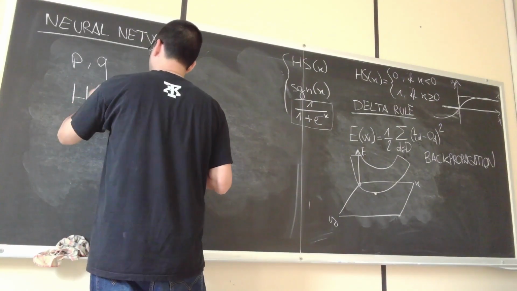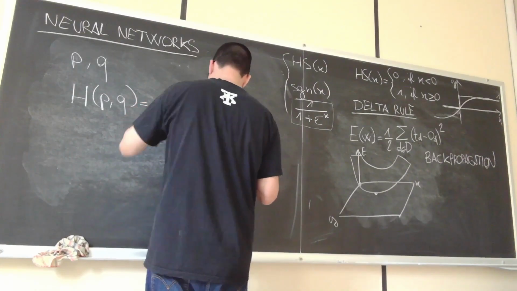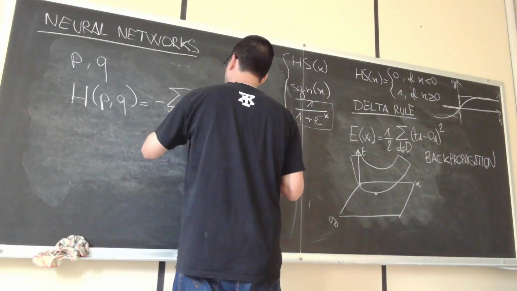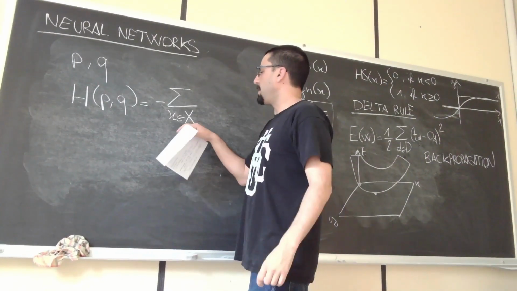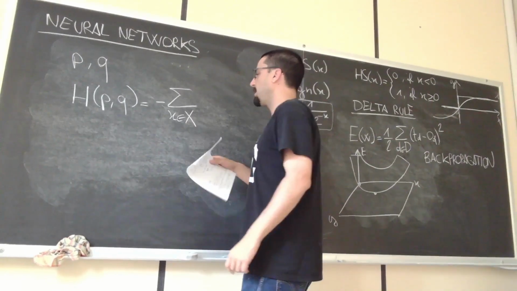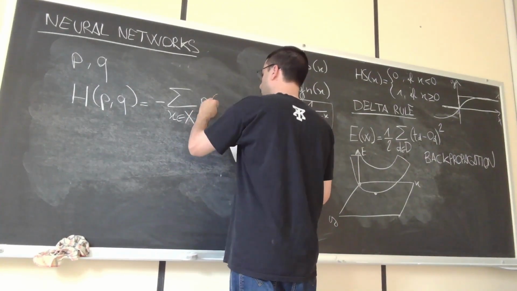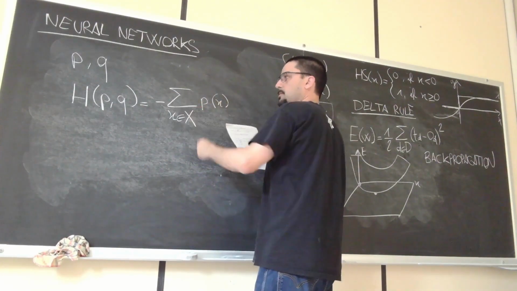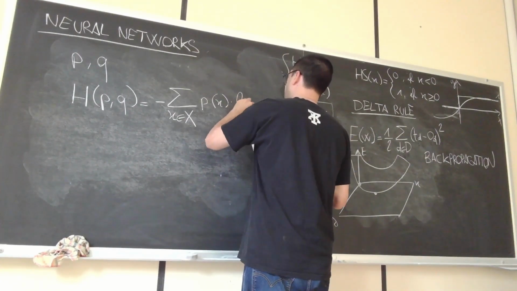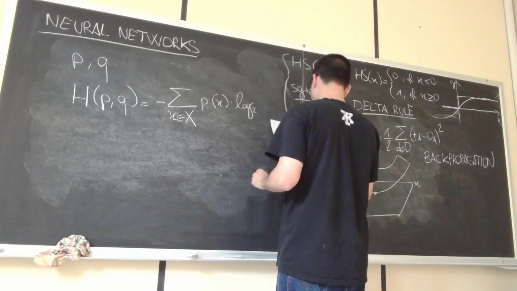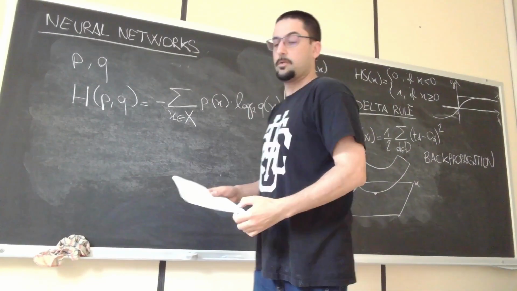H of P and Q is minus the sum over all possible points X in our space of events, of the probability of X with respect to the distribution P times the logarithm in base 2 of Q of X. So what does this formula mean?